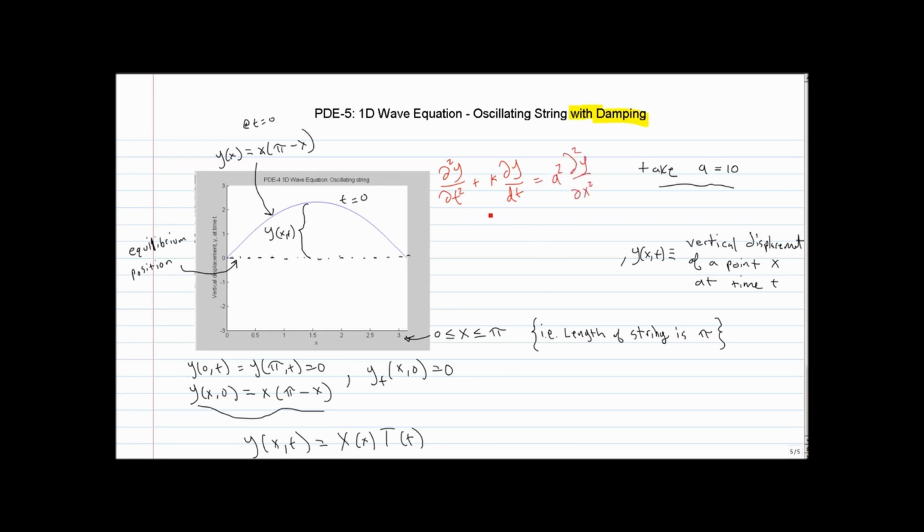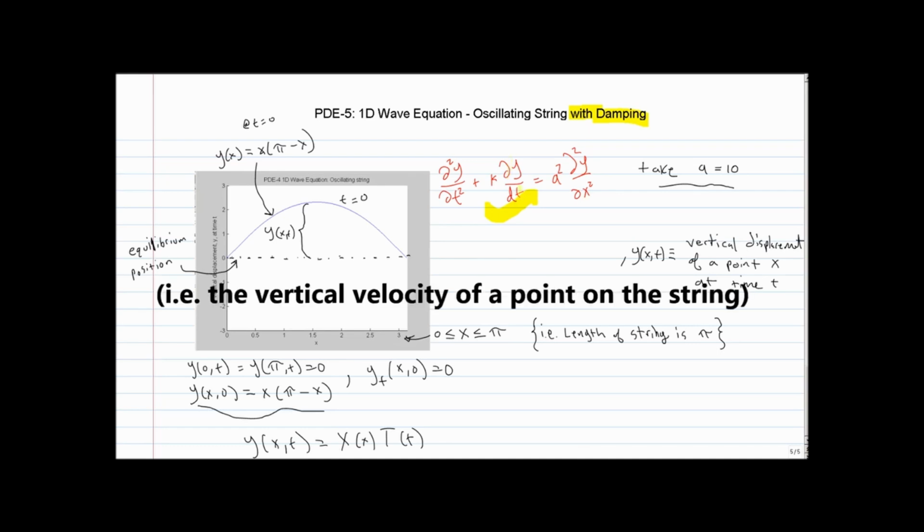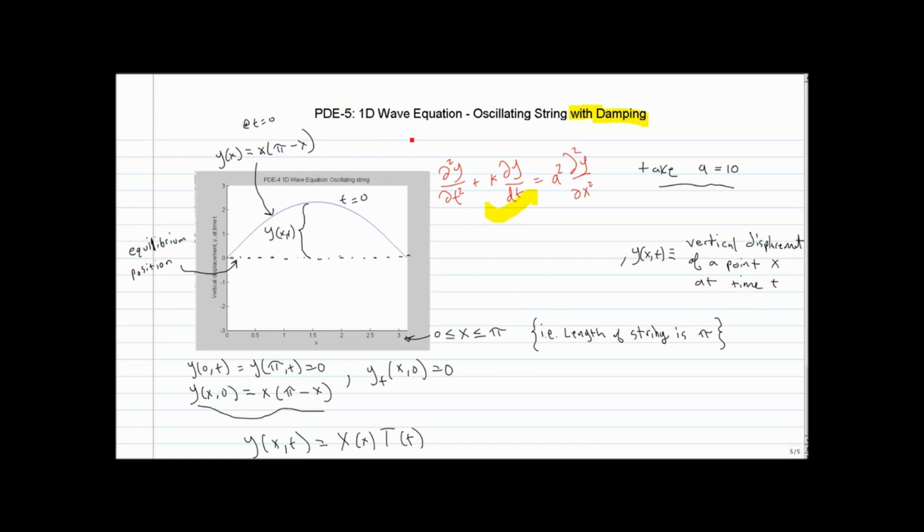You can see that the difference is this damping term here, where the damping is proportional to the velocity of the string, which is dy/dt. Again, we're going to take a to be 10, just a random number, and I just picked the damping coefficient to be equal to 0.7. It's kind of random, but it works, so let's work with it.